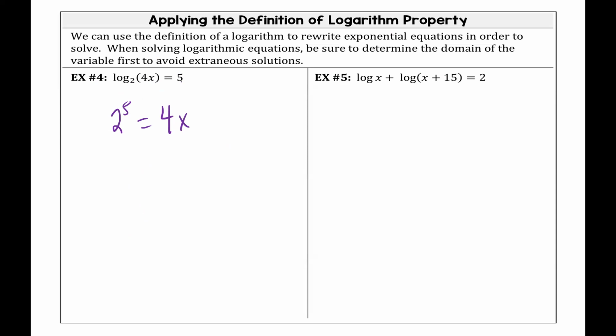It's your base to the result equals your argument. So 2 to the 5th equals 4 times x. 2 to the 5th is 32, right? 32 equals 4x. And that gives us x equals 8.